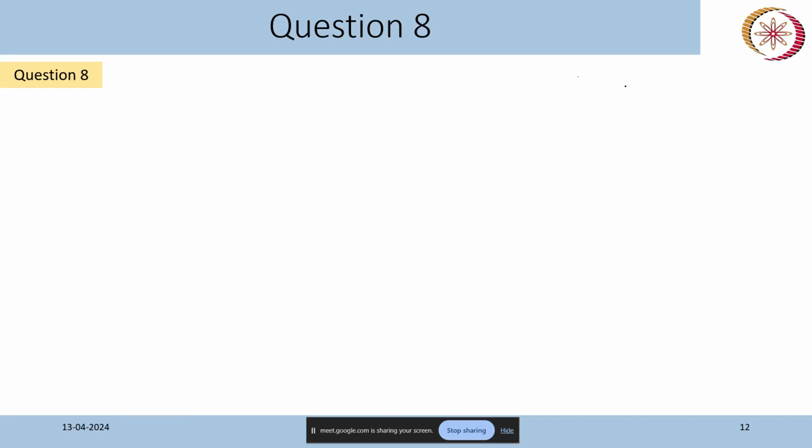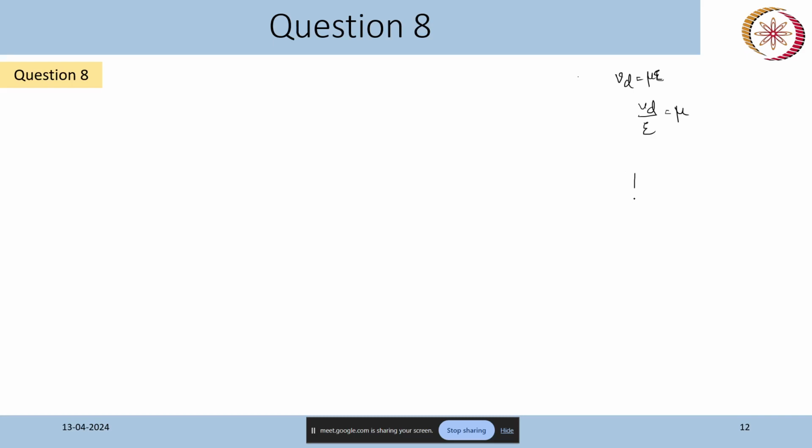So in general, we know that the drift velocity Vd is equal to mu into E, electric field. So if we take Vd by E, that is basically mu.